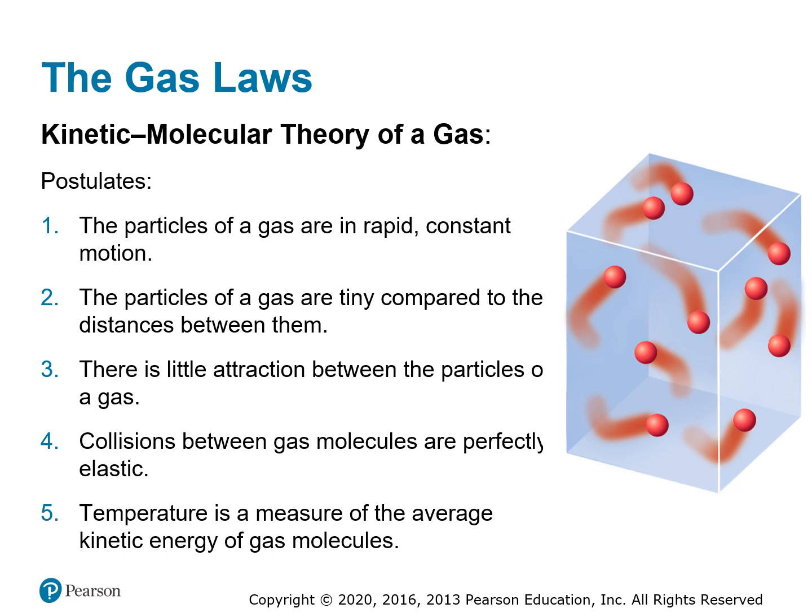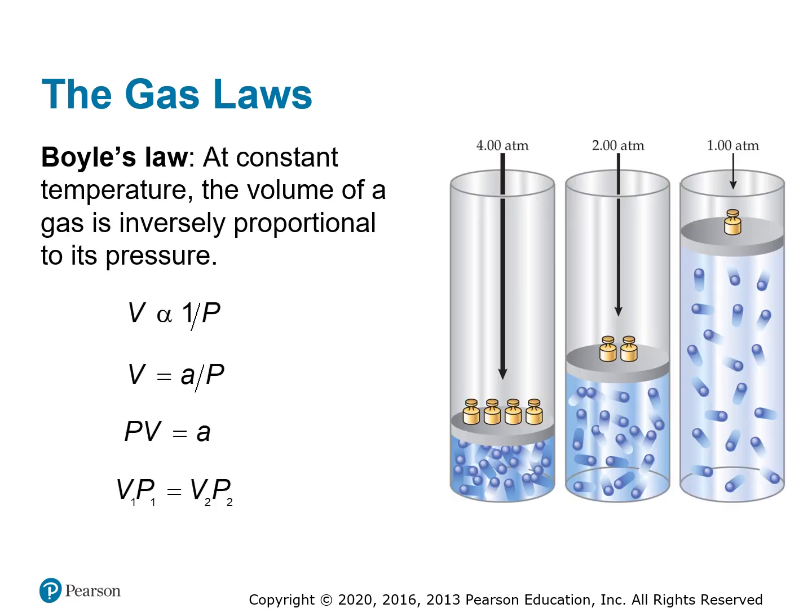And the other important thing is that temperature is a measure of the average kinetic energy of the gas molecules. The higher the temperature, the faster the movement, or the other way around. Molecules of the gas moving faster means higher temperature, and moving slower is lower temperature.